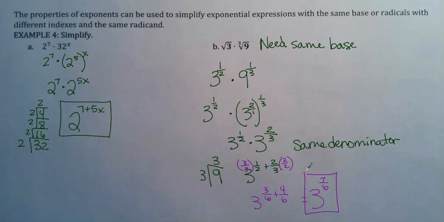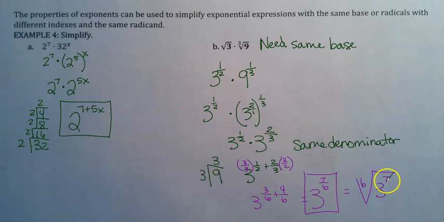The only thing is they gave it to us in radical form. So we could also put that back into radical form, right? In radical form, that would be equal to the 6th root of 3 to the 7th power.